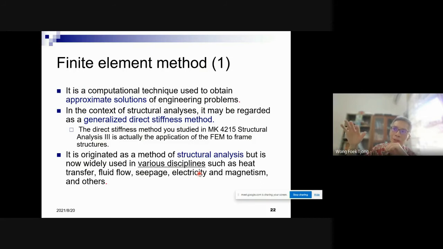Seepage means the flow through soil, for example, electricity, magnetism, and others. Even now, one of the popular applications of the finite element method is in biomechanics. So actually, the finite element method is not only used in structural engineering, but also in many other disciplines for solving many different problems.